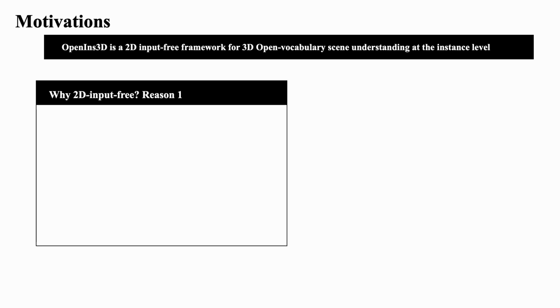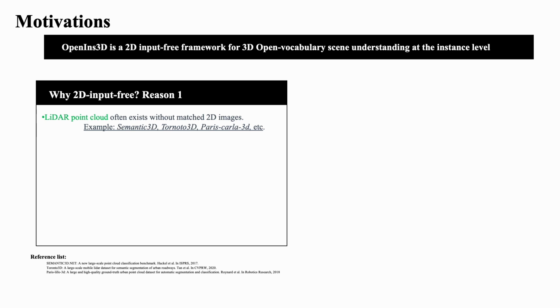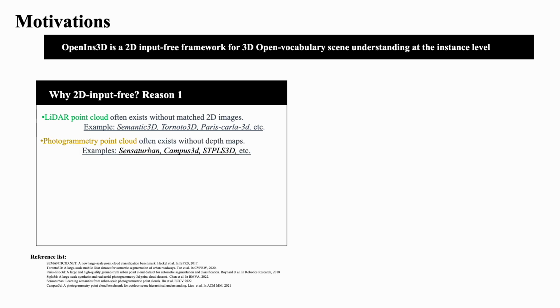Motivations. Why is a 2D input-free framework interesting and useful? We present two reasons. First of all, in many circumstances, 2D images or the information required to align 2D and 3D might be missing. This often happens with LiDAR point clouds, where 2D images might be missing, and photogrammetry point clouds, where the depth information might be missing.